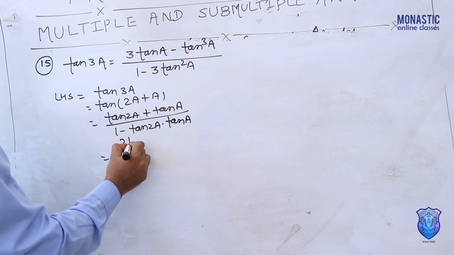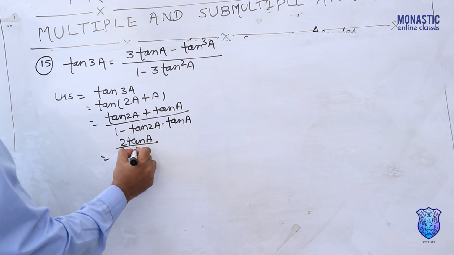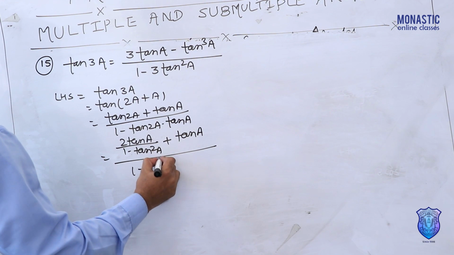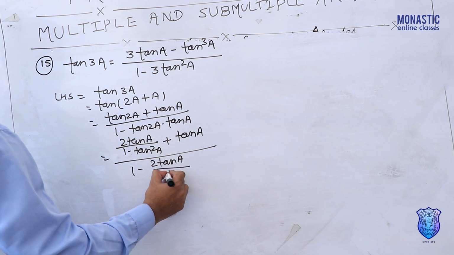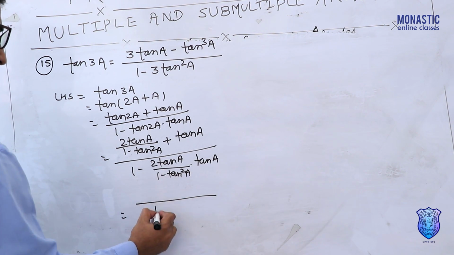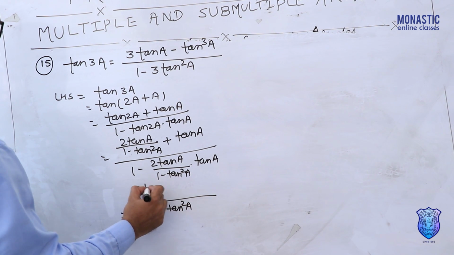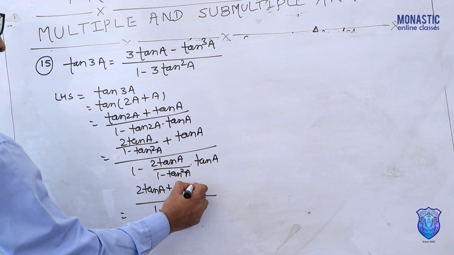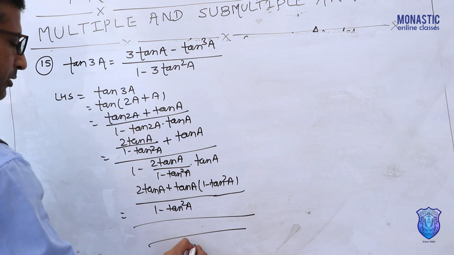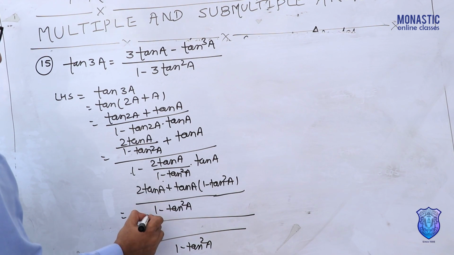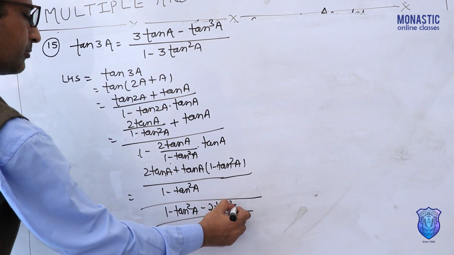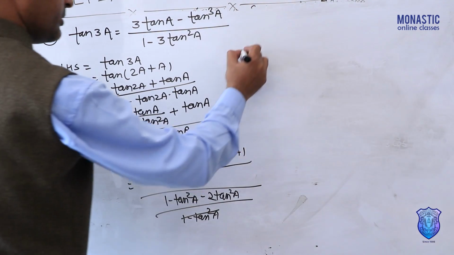Now we have the formula tan of 2A, 2 tan A by 1 minus tan square A. Again, into denominator 2 tan A by 1 minus tan square A into tan A. Take the LCM. 2 tan A plus tan A into 1 minus tan square A. Again, take the LCM 1 minus tan square A. This whole is multiplied with 1 and it is 2 tan square A. These two cancelled.